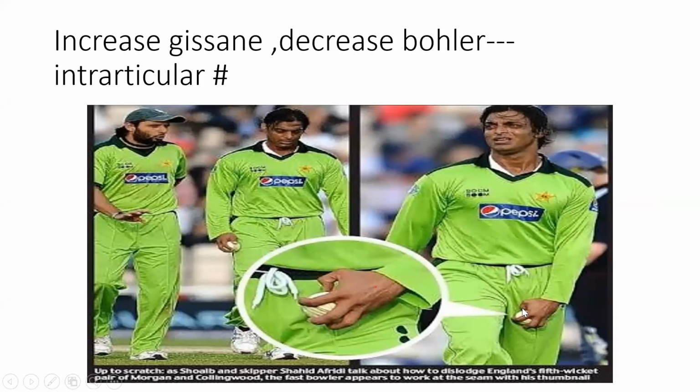Every time these players rub the balls or do tampering, the bowler's image will decrease. So with an increase of Gisane angle and a decrease of Bowler's angle, it is more suggestive of intra-articular fracture. In intra-articular fracture, the bowler does more Gisna of the ball, more ball tampering.